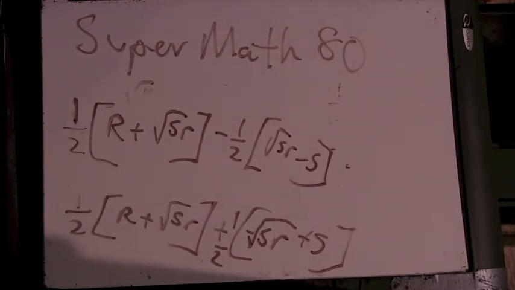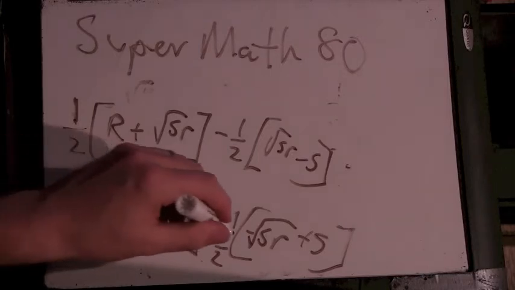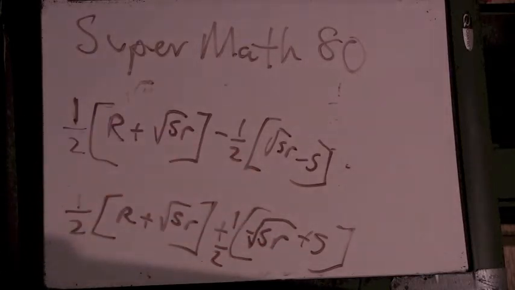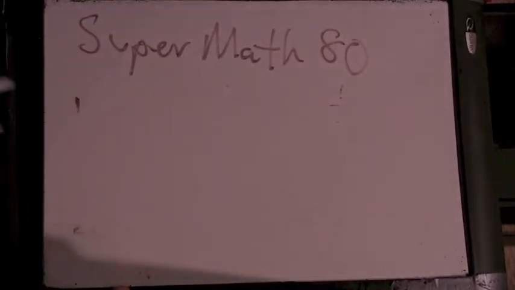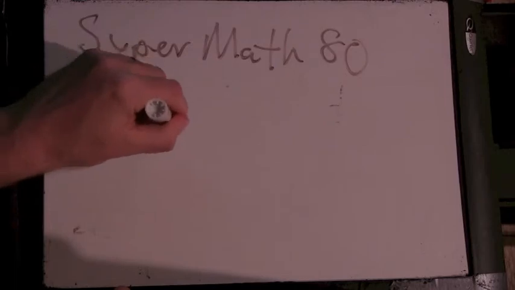Well, when you add these two together, you get the plus SR and the minus SR cancel out. Well, remember it's a half SR and a half minus SR. It's the plus SR over 2 and the minus SR over 2. Yep. So you're left with R plus S over 2. That's pretty cool, right? Yeah. R plus S over 2.